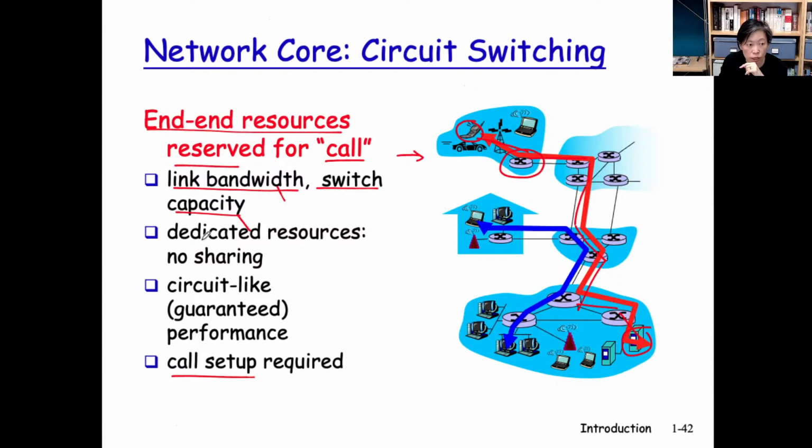But then you see, as Polly was describing, in this circuit here, resources are all dedicated. When data are being passed, no delay, no loss. Really nice. And we call that circuit-like performance. That implies delay and loss are guaranteed: low delay, no loss, guaranteed.